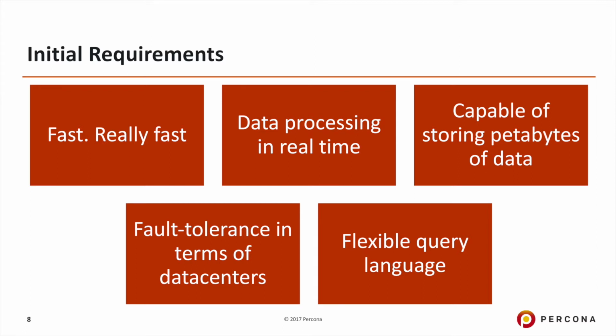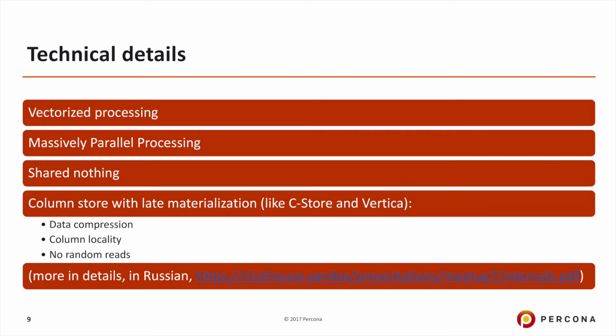So how are they trying to achieve speed and performance? ClickHouse deploys several strategies. The first one is vectorized processing, about which more on the next slide. They also provide massively parallel processing, which I will also go into in detail.